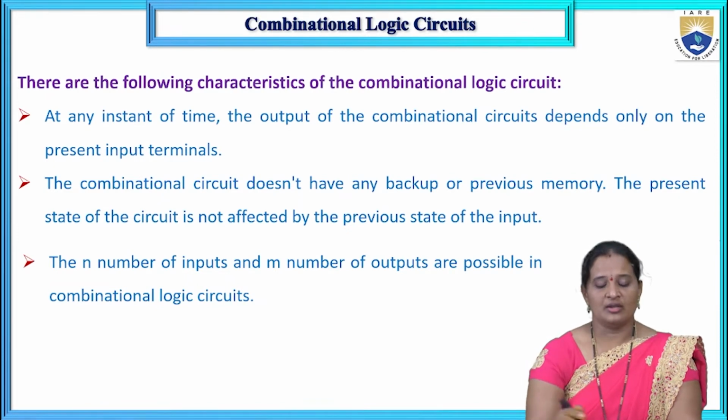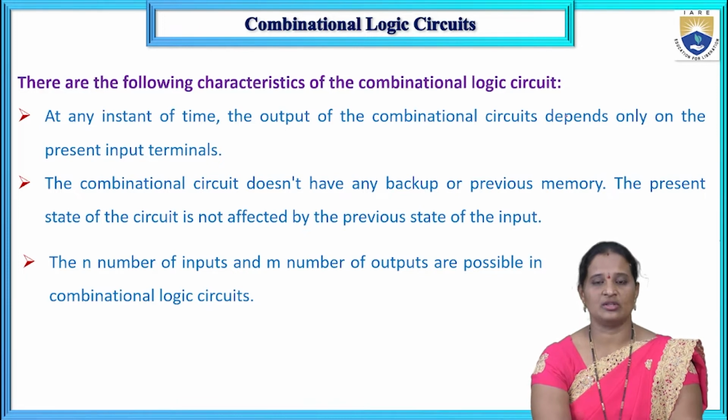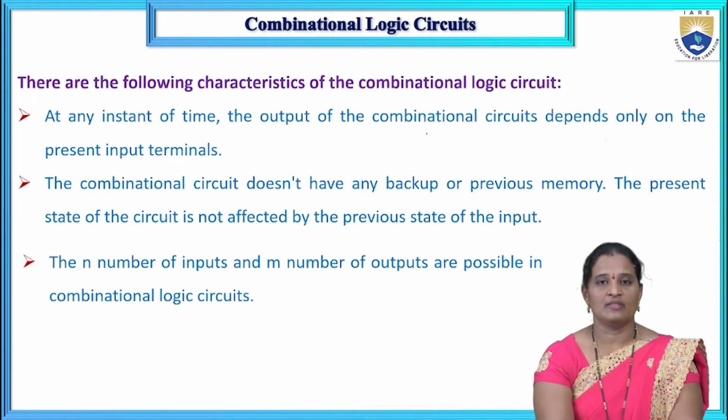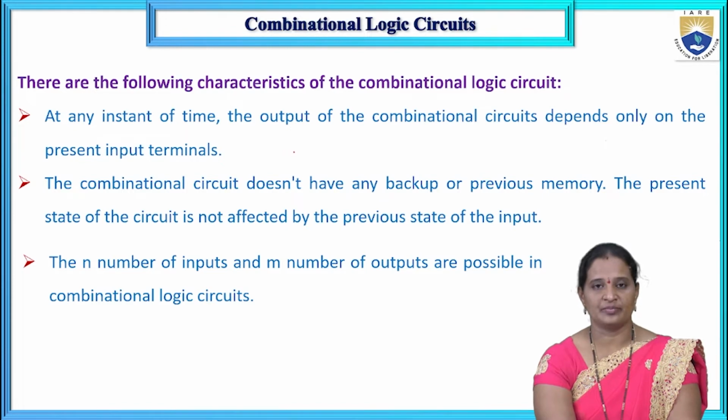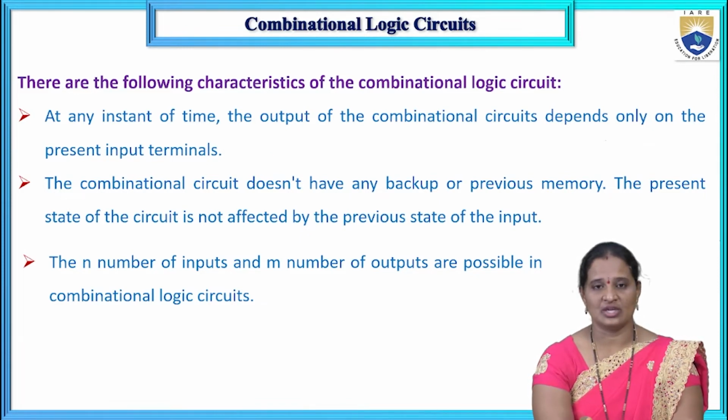There are some characteristics of the combinational logic circuit. Let us see what they are. At any instant of time, the output of the combinational logic circuit depends only on the present input terminals. That is the first major characteristic. It won't depend upon any parameters other than the present input.